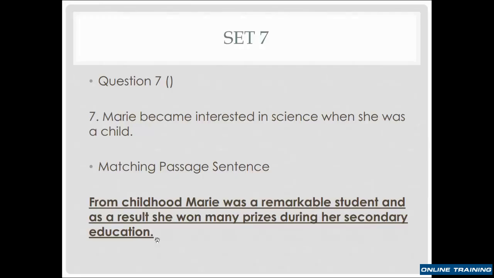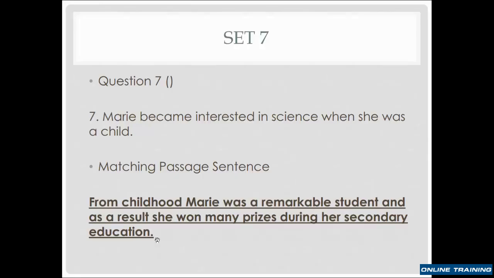And these are not inference questions. So you can't say, well, it says secondary education, and that could mean science. No. If it's maybe, could be, then your answer is not given. If this were true, it would say that she won prizes for biology and chemistry. That would be true.